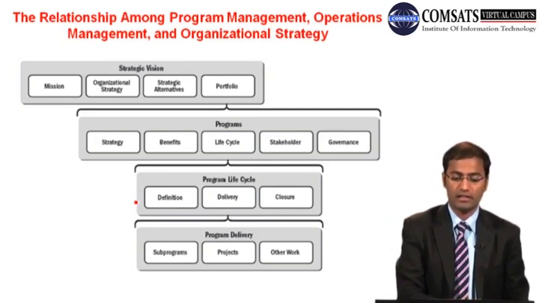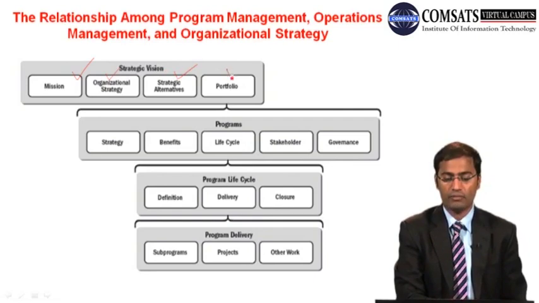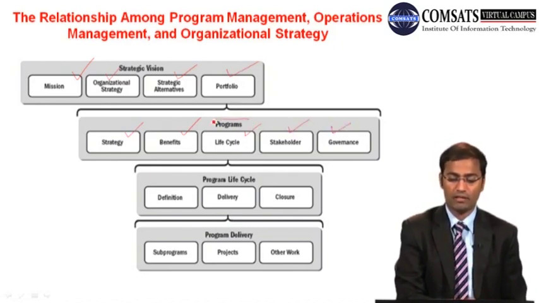So strategic vision is the mission of the organization, and organizational strategy is how to achieve that mission, with strategic alternatives as the different means or approaches. Then we create portfolios, and those portfolios are governed through strategy, and we define benefits, the life cycle, and stakeholders, and then we govern through program management.